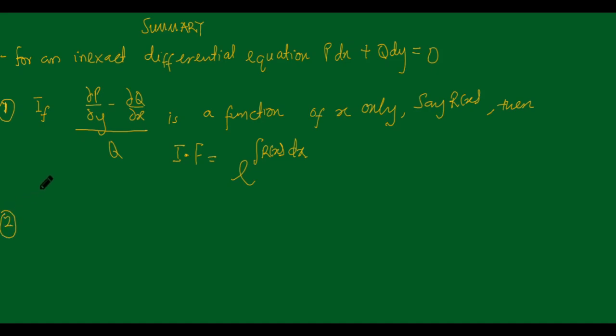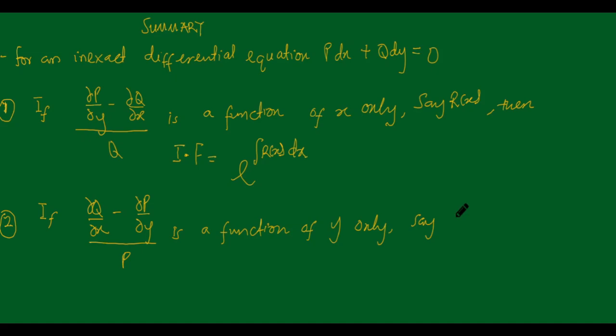For the second case study, if the partial derivative of q with respect to x minus the partial derivative of p with respect to y, divided by p, is a function of y alone, we could call that r(y).